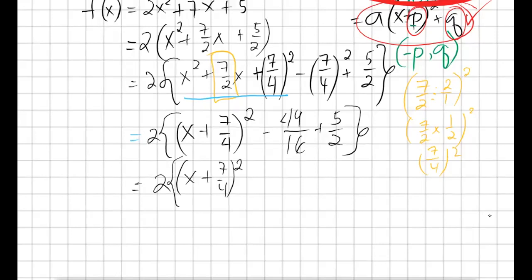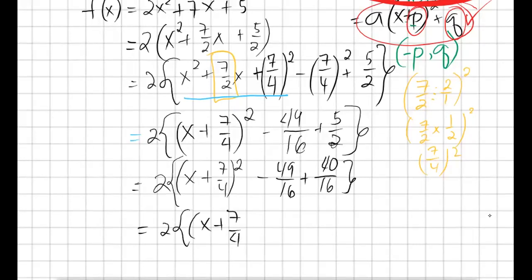Then let's combine this. Not yet, this is 16 and this is 2, so we need to make them the same. 49 over 16 plus 40 over 16. So this becomes 2 times x plus 7 over 4 squared minus 9 over 16.